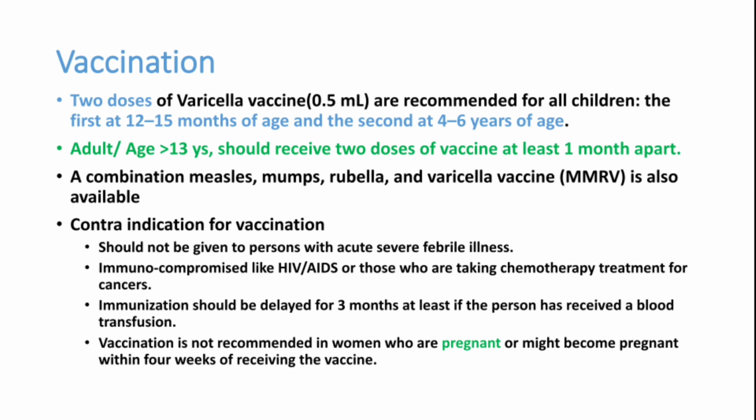It can be given along with other vaccinations. Contraindications for vaccination are very important. Whenever there is fever, you should not give any vaccine. Patients who have HIV or immunocompromise or those who are taking chemotherapy should avoid this. A pregnant lady should not be given the vaccine. So these are the contraindications for vaccines.